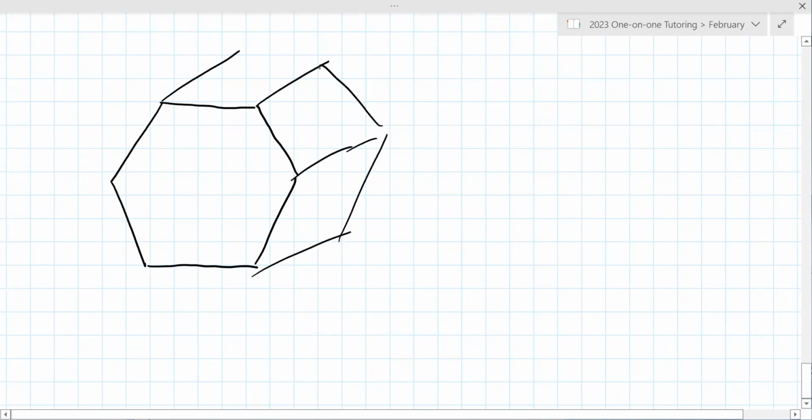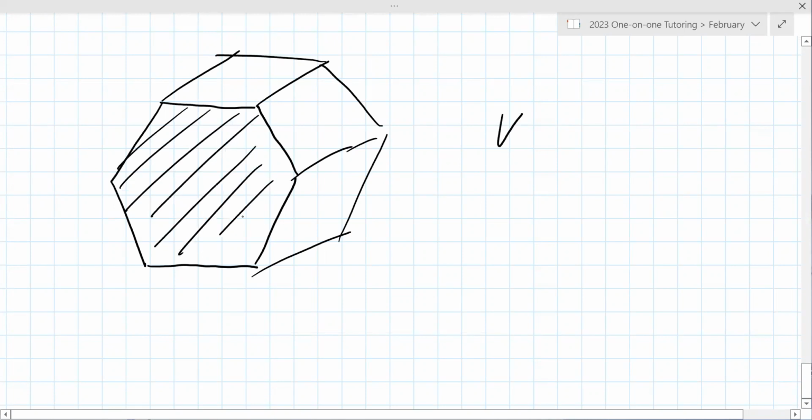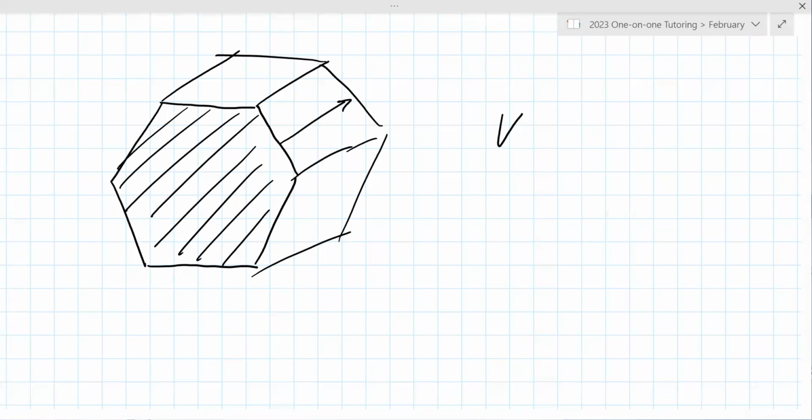You can think of this as a nut, maybe, but whatever front face it is, to find the volume, you always find the area of the front face, and then multiply by the amount that it's protruded or extended. All right, so that's the basics of what we're doing here.